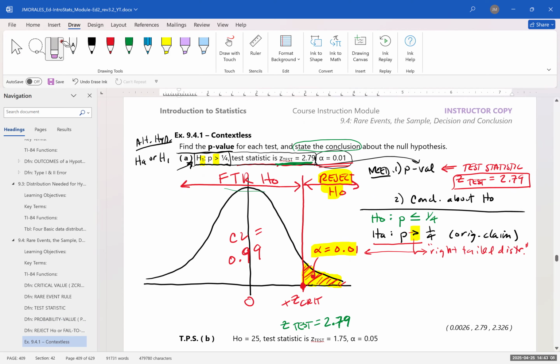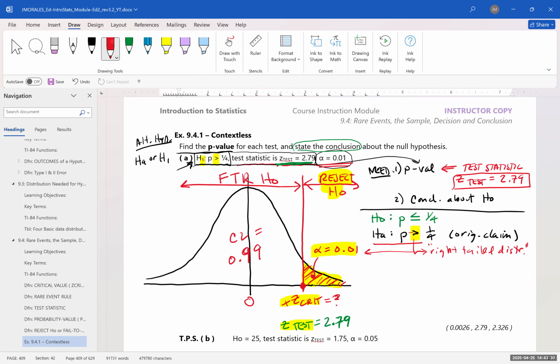Well, in order to figure that out, we need to compare either apples to apples and oranges to oranges. So what's an apples to apples comparison? Well, an apples to apples comparison would be the critical value to the test statistic, but we don't know what that is.